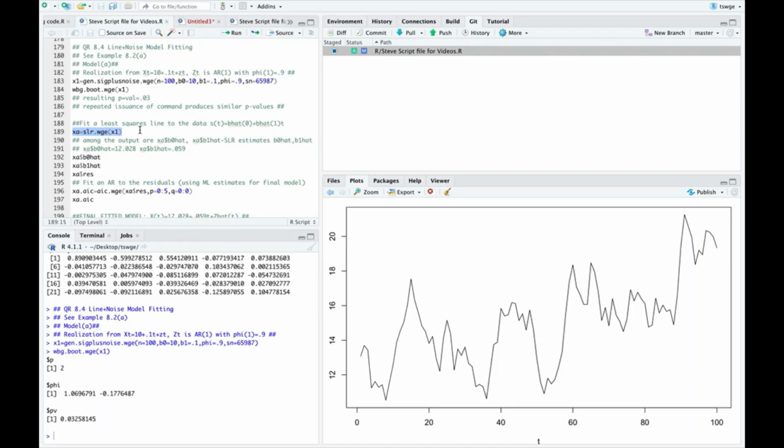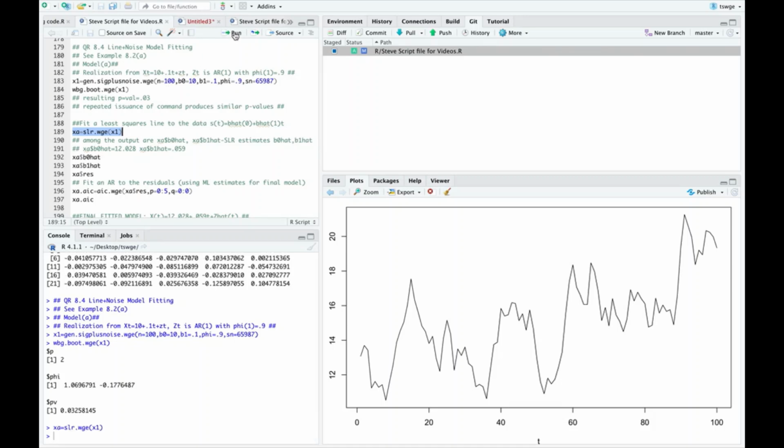So slr for simple linear regression, .wge of the data set. Here it comes. And among the output, we'll look at each of these outputs in order here, are the b naught hat, the b1 hat, and let's check and see what those are.